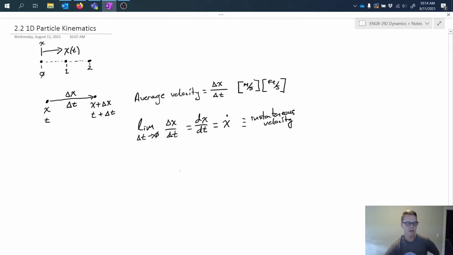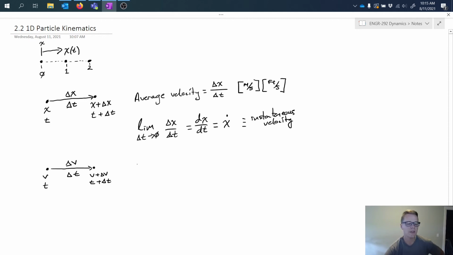Now I can take this one step further. I can look at the same particle as it travels through space from one position to the next, and I can measure its velocity at some initial point and its corresponding time. As it travels from left to right, it could undergo a change in velocity while it undergoes a change in time, such that my new velocity is the initial velocity plus the change in velocity, and my new time is the initial time plus the change in time.